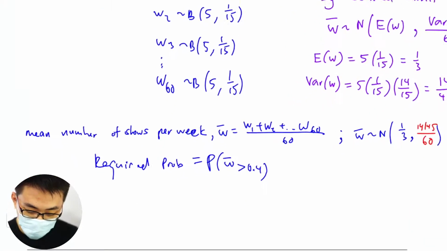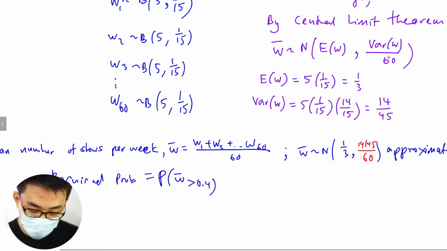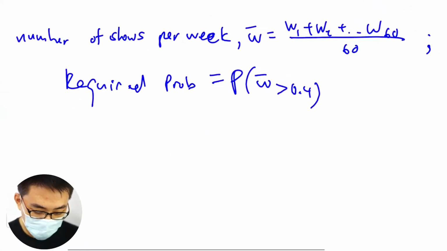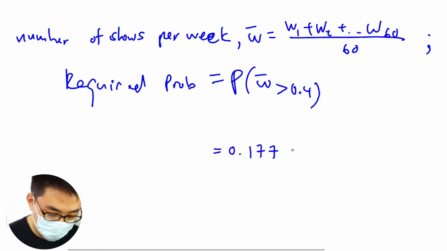Sorry, this is divided by 60 because it's variance of W over 60. I forgot to divide by 60 here. This will give us 0.177.